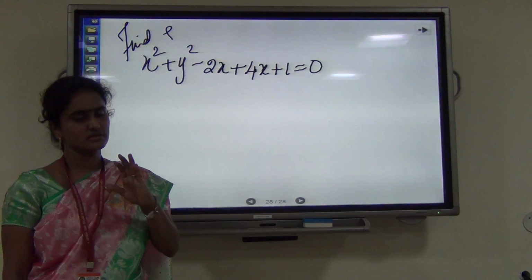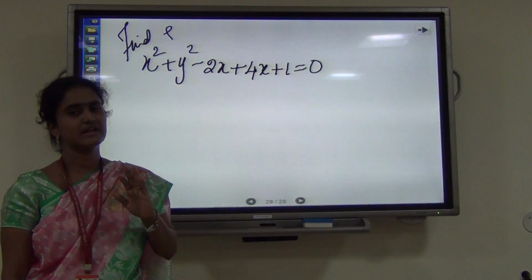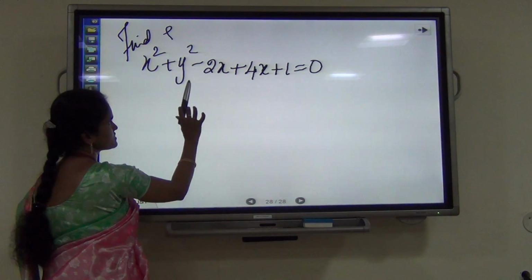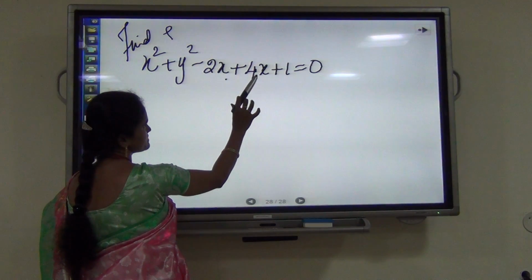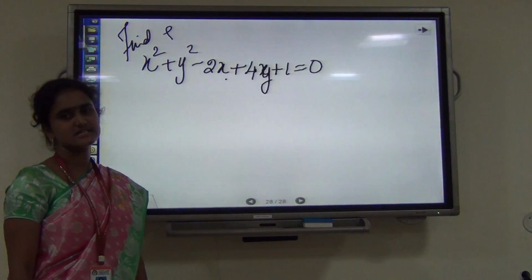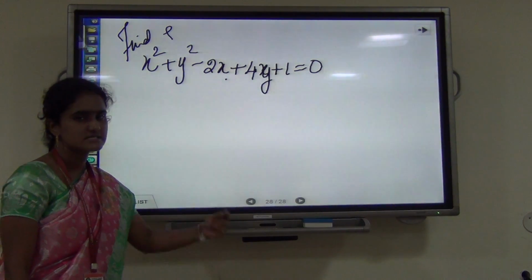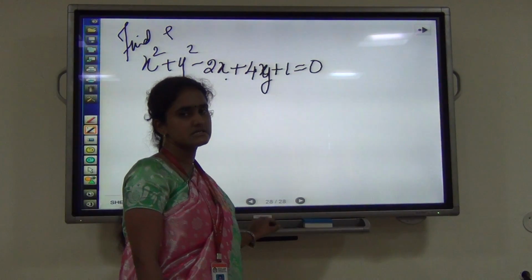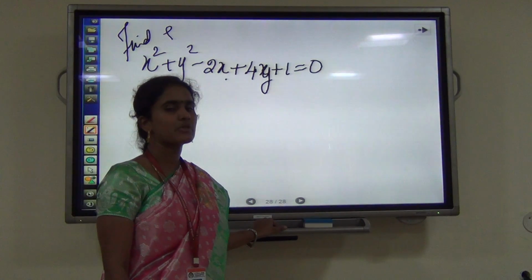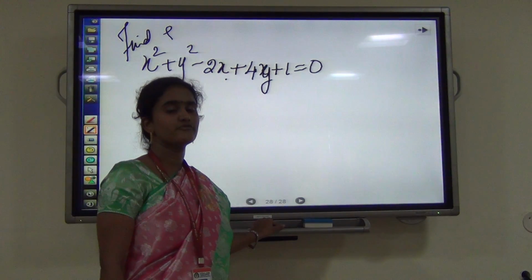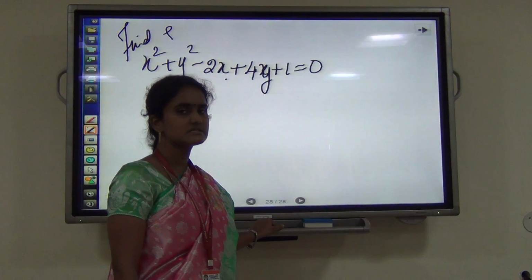This curve equation is a circle equation: x square plus y square, plus coefficient of x, plus coefficient of y, plus a constant is equal to 0. Just now we went over the property saying radius of the circle is nothing but radius of curvature. So if we could find the radius of the circle, then the radius of curvature is known.